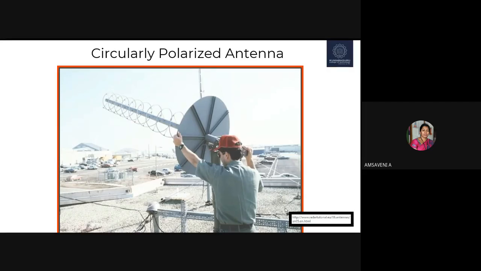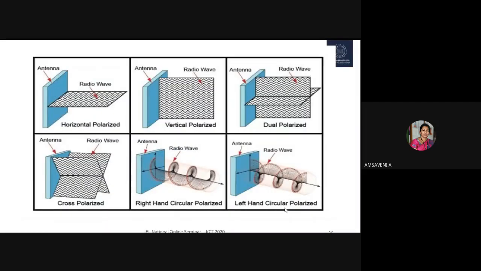The direction of E will be circular. And we have elliptically polarized antennas, but those are seldom used. Here we have horizontally polarized, vertically polarized, dual polarized antenna, cross polarized antenna, then right hand circularly polarized and left hand circularly polarized antenna.